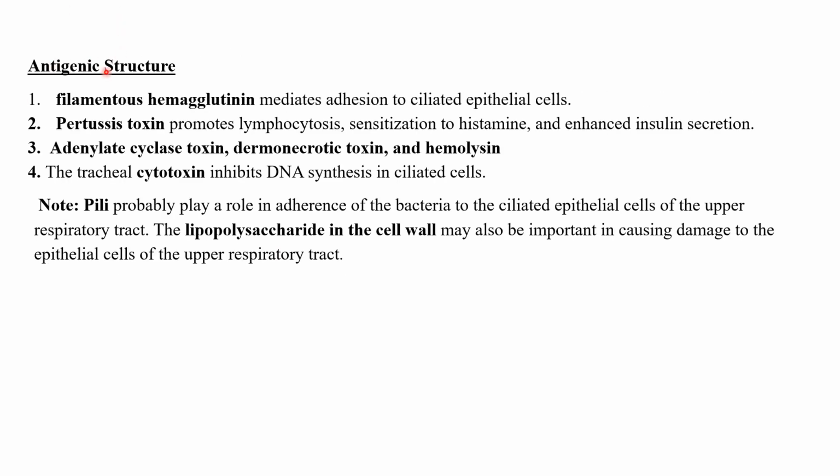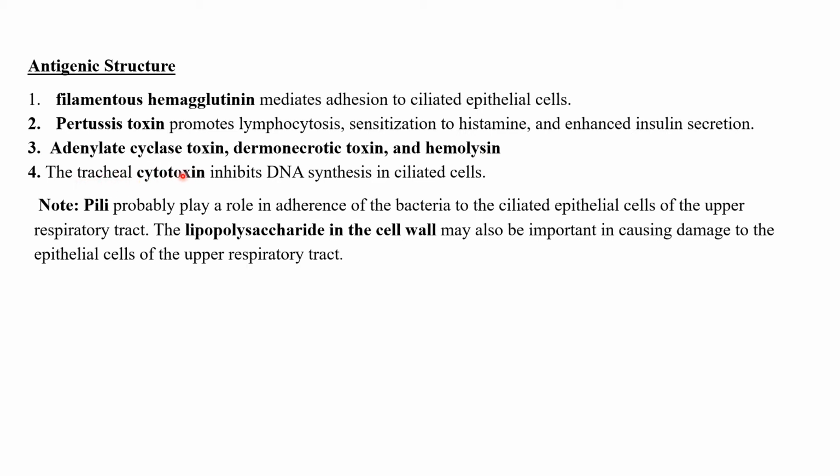What are the antigenic structures of Bordetella pertussis? Filamentous hemagglutinin that mediates adhesion to ciliated epithelial cells of the respiratory tract, pertussis toxin, adenylate cyclase toxin, dermonecrotic toxin, and hemolysin enzyme.